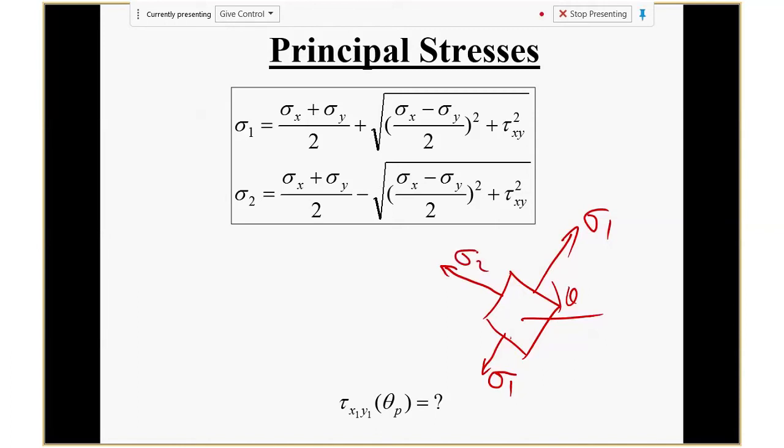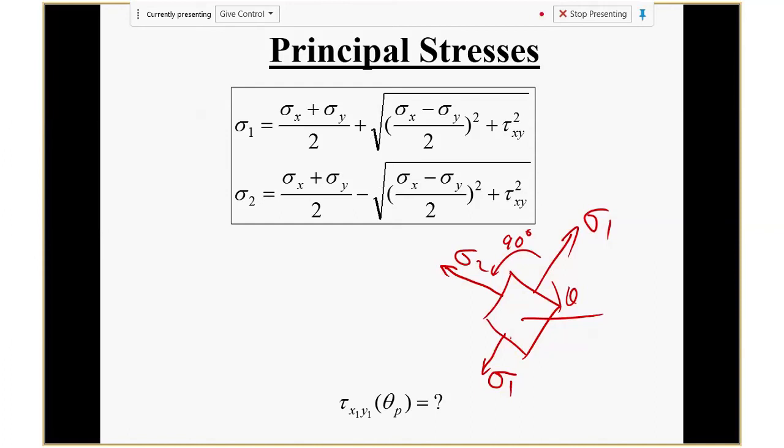When you go 90 degrees more, the 2 theta p actually goes 180 degrees more, but theta p itself goes 90 degrees more. So from here to here, that's a 90 degree difference. You're going to have sigma 2. So for the principal directions, there are 2 solutions, 2 directions. One is sigma 1, which is the maximum. Another one is 90 degrees from it, sigma 2, which is the minimum value.